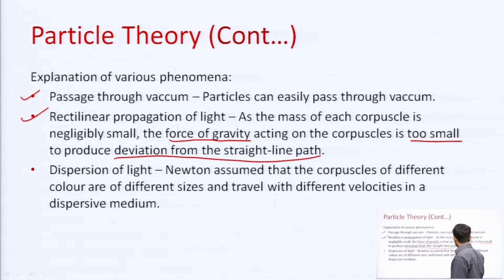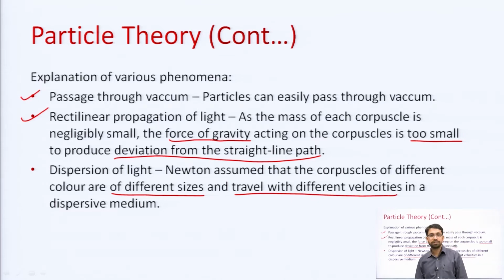Newton assumed that the corpuscles of different color are of different sizes and travel with different velocities in a dispersive medium. So, this is how Newton explained various facts about light. He tried to explain through this theory that any light source emits particles in all the directions.